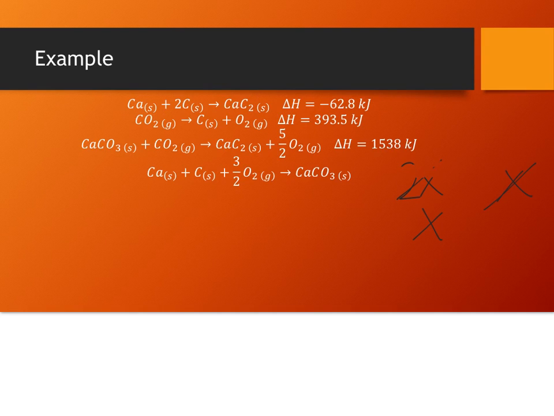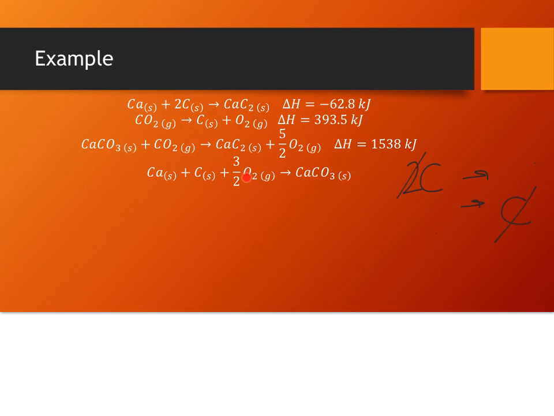Or in this case, since I know x scares a lot of people, if I have 2 carbon arrow and carbon, I can just say I've got 1 carbon. And 1 carbon is exactly what I need. So that means I'm good on carbon.